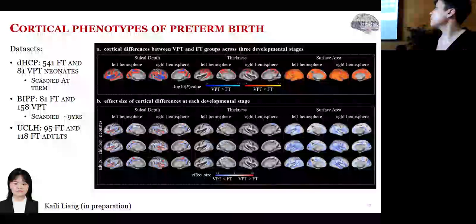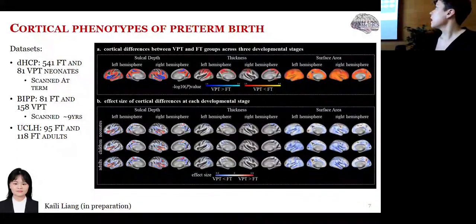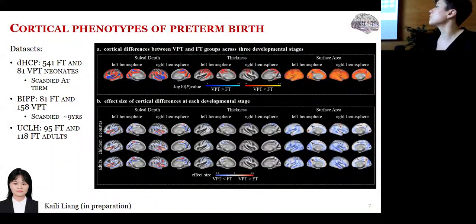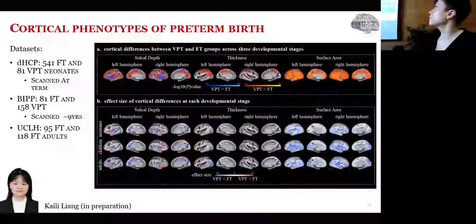Nevertheless, in this study by my PhD student Kylie, she looked at the morphological signature of preterm birth across the lifespan using 3 cohorts. She has the DHCP cohort, which has 541 babies born healthy at full term and 81 very preterm neonates scanned at term.